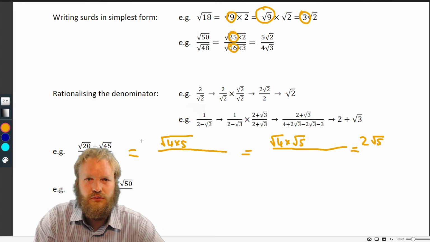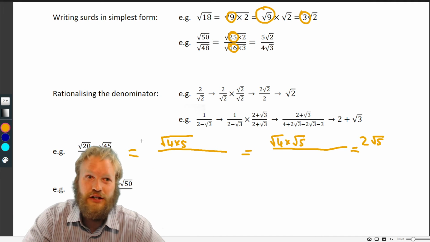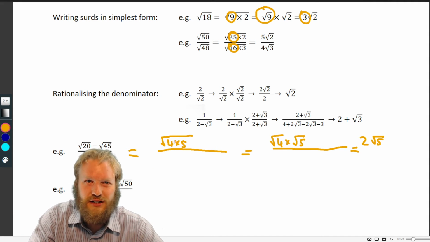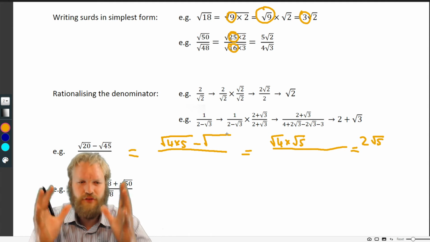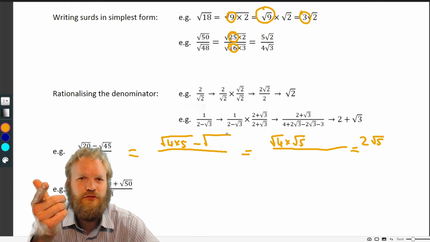Now, when it gets to actually doing these things, we'll do it with variables so that we can't just use our calculators, but we're using real numbers for now. Minus the square root of 45. We're looking for perfect squares that go into 45. 1, boring. 4, 9. 9 goes in, cool. 16, 25, 36.